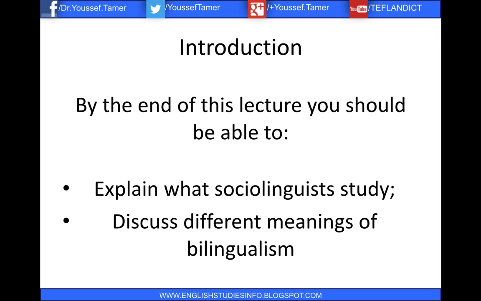But in addition to these main core sub-branches, there are other sub-branches that incorporate and try to investigate language in relationship to other variables, like sociolinguistics and like psycholinguistics. Here we have a combination of two disciplines. Psycholinguistics, you have psychology, and then you have linguistics.